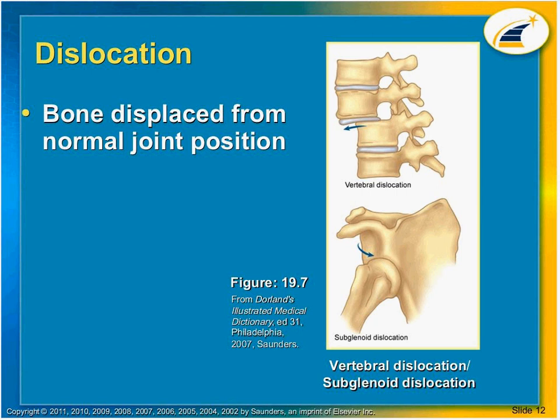So the question is posed, what is the difference between a fracture and a dislocation? With a fracture, the bone is broken. With a dislocation, the bone is displaced from normal joint position, but it is not broken. So it's basically moved out of place. A lot of times in the areas where the bone and joint join together, there could be a possibility of a dislocation.